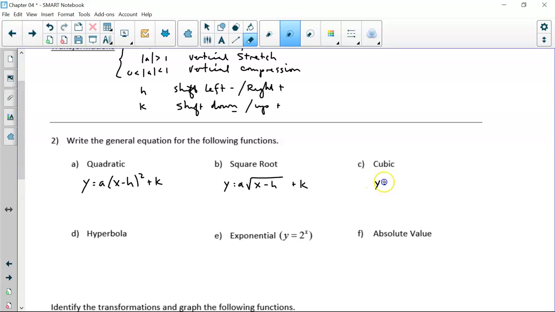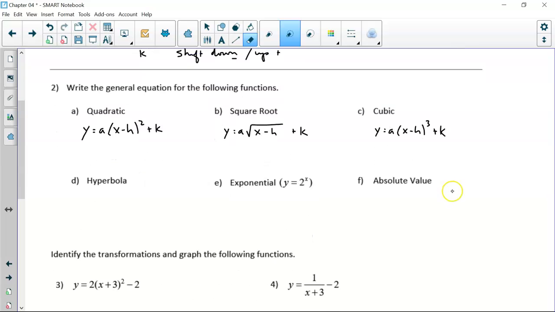A cubic: y equals a times the quantity x minus h, cubed, plus k. For a hyperbola: y equals a times 1 over the quantity x minus h, plus k. For an exponential, for 2 to the x, for example: y equals a times 2 to the x minus h, plus k.